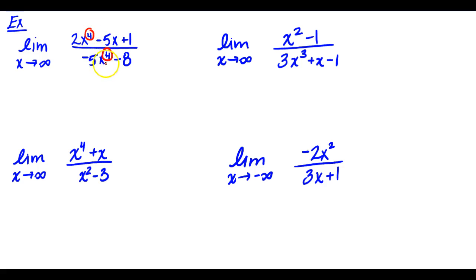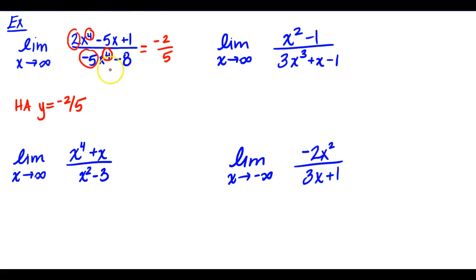So my rules for asymptotes tell me that this function would have a horizontal asymptote at 2 over negative 5, or negative 2/5. So this function would have a horizontal asymptote at y equals negative 2 over 5. So that is actually going to be the solution to this limit at infinity, negative 2 over 5.